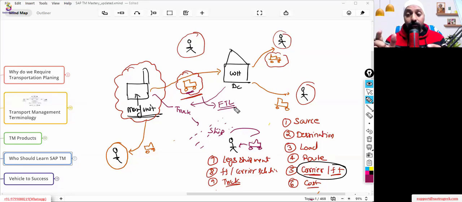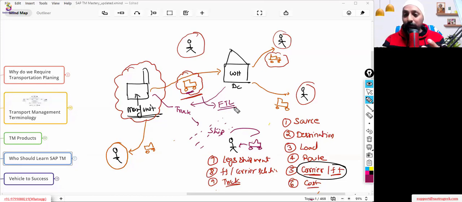So transportation cost is the key thing where you would be playing margins, direct margins. If you have saved 1% transportation cost, 2% transportation cost, that directly adds to your revenues, to your profits.